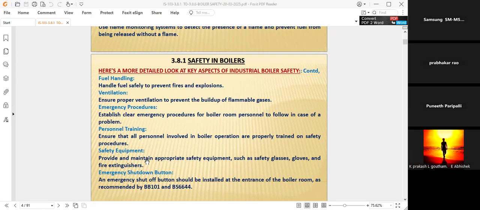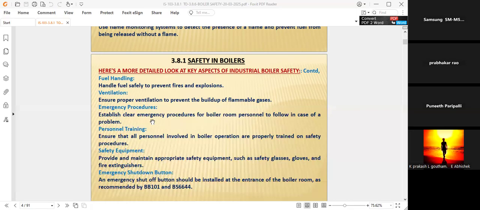That is different from the on-site emergency response plan of the organization. Therefore, establish clear emergency procedures for boiler room personnel to follow when a problem comes: what is to be done, what not to be done, and the sequence of steps to be taken, everything.